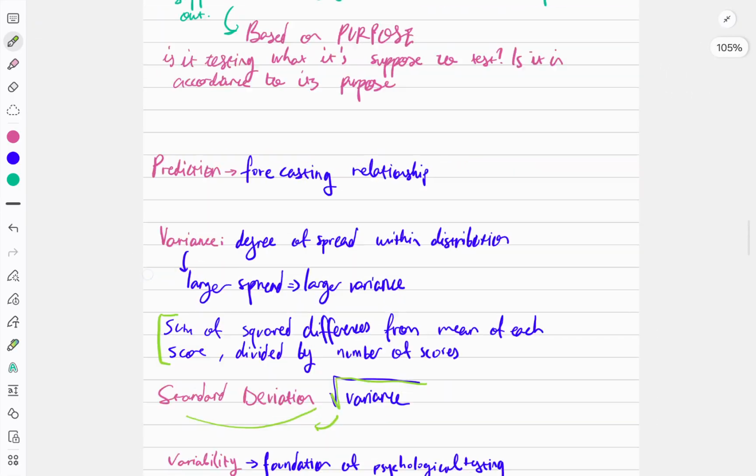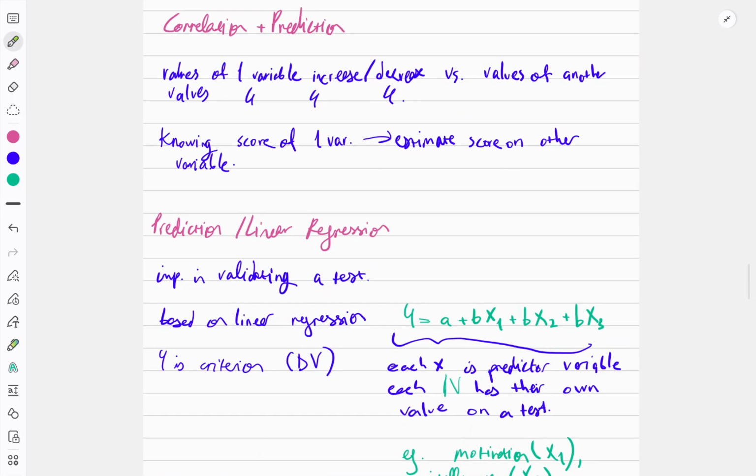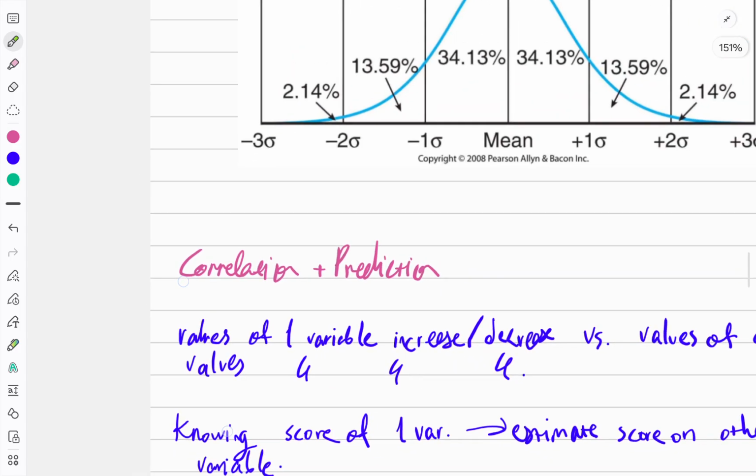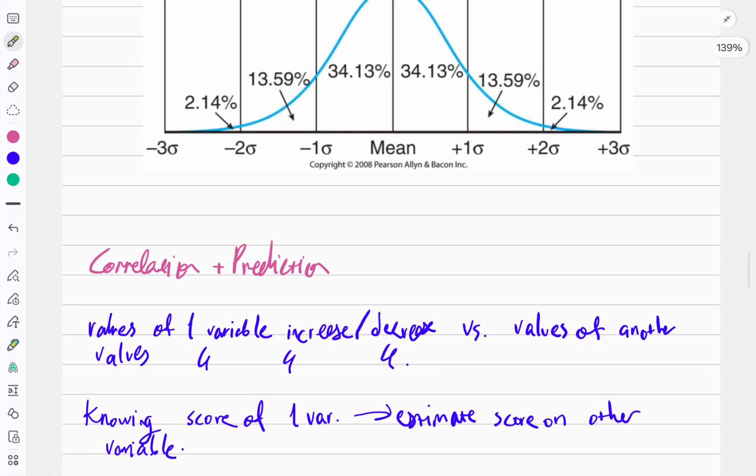Correlation, we have talked about, and prediction here, I think. So correlation and prediction is about how values of one variable increase or decrease versus values of other variables. They are correlated with each other. If one is increasing and the other is increasing, or one is increasing and the other is decreasing, and they have a statistically significant relationship, then we can say that these things are correlating.